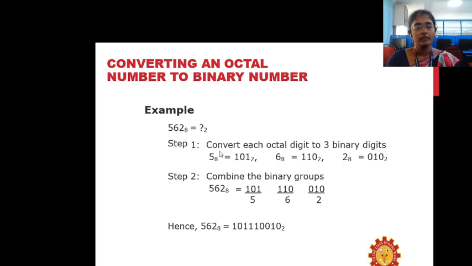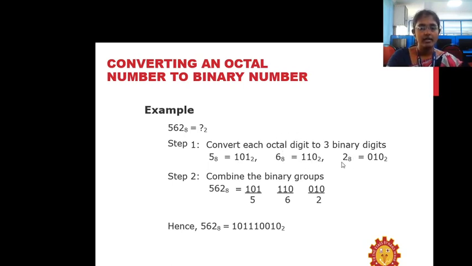The first step is to represent each and every symbol in the given octal number as a 3-bit representation. The representation for 5 is 101, because in the 8421 pattern the octal numbers hold only the 421. For representing 5, 4 and 1 should be enabled, that is 101. For representing 6, 4 and 2 should be enabled, that is 110.